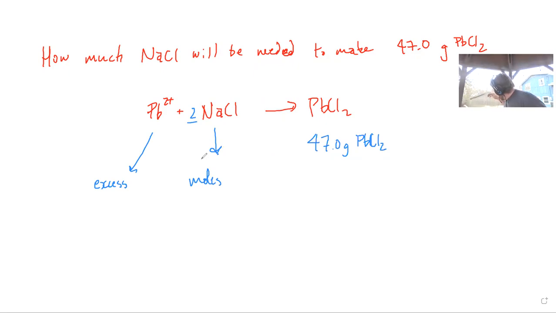This is the case anytime you see an excess limiting reactant problem, or a problem where there is an excess reagent and a limiting reagent. If one thing is in excess, the other is limiting.